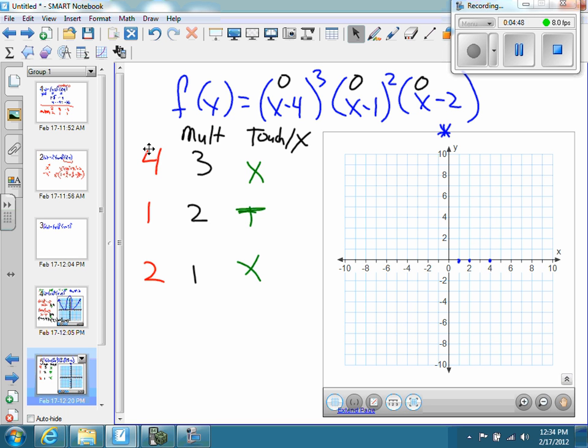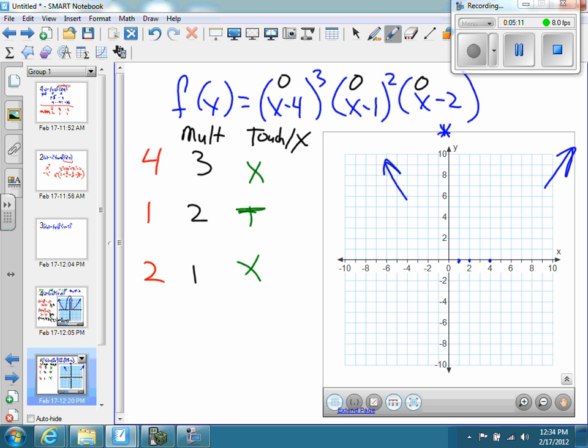Up. Okay. So if our end behavior is up, what's going to happen from 4 going towards positive infinity? It's going to go up, right? And what's going to happen at 4?